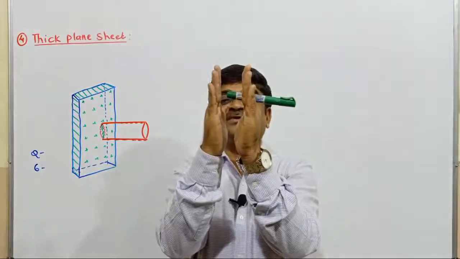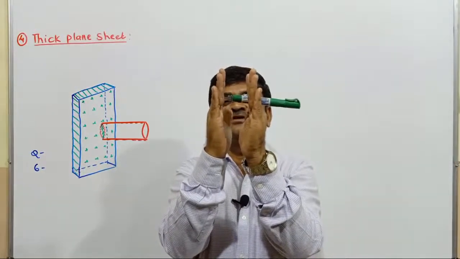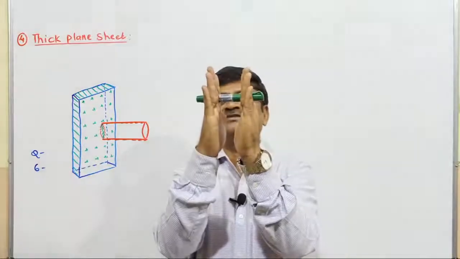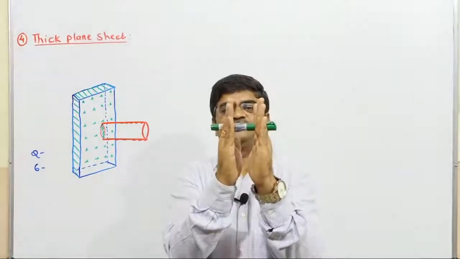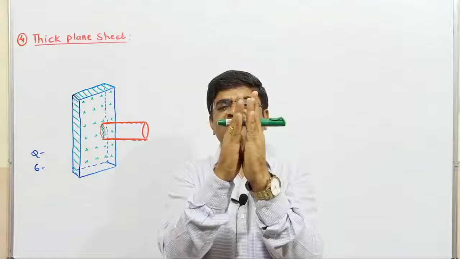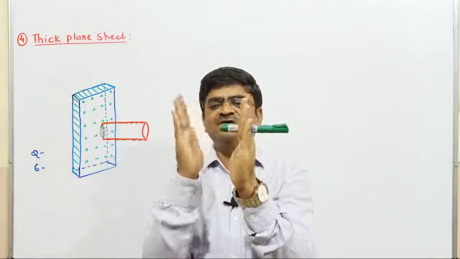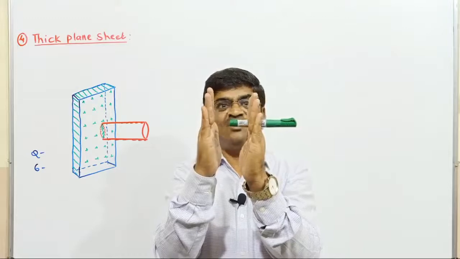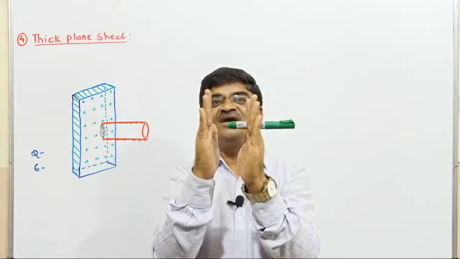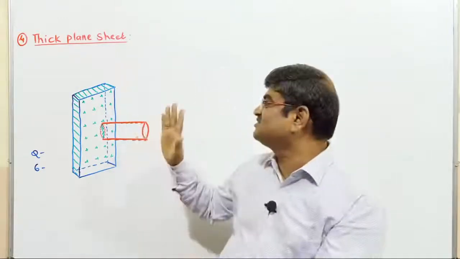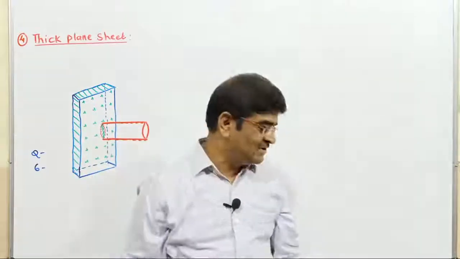Between the two surfaces of the thick sheet, I did not make it like this in the present case. This is one surface of the thick sheet, another surface, and in between you have a gap. And my other end of the Gaussian surface is in that gap.